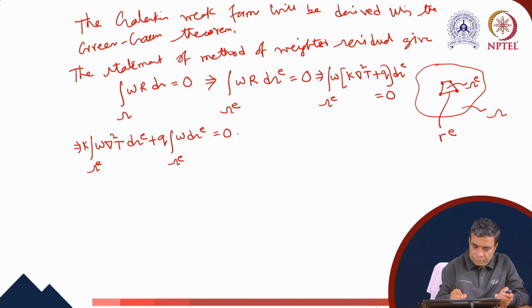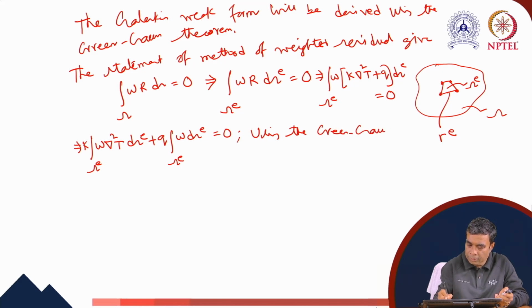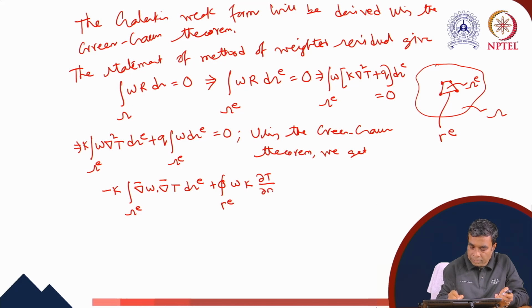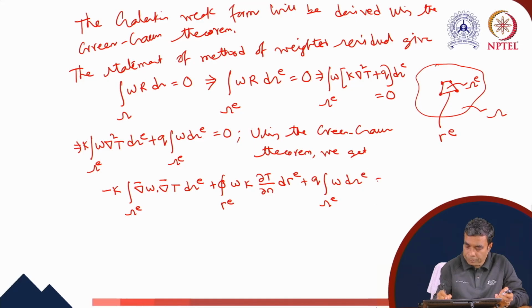Using the Green-Gauss theorem, we get minus k integration over omega e gradient of w dot gradient of t d omega e plus boundary integration over gamma e w into k del t del n d gamma e plus q integration over omega e w d omega e equals to 0.